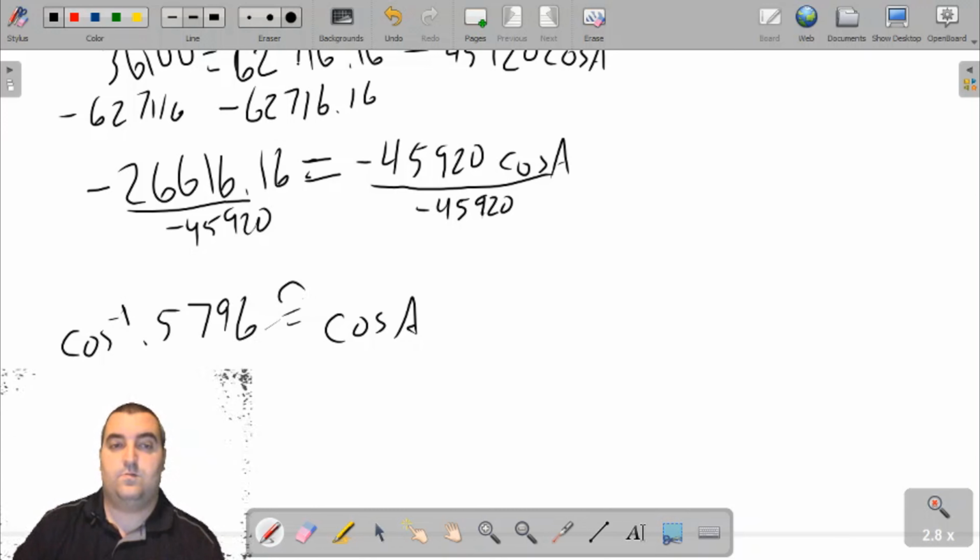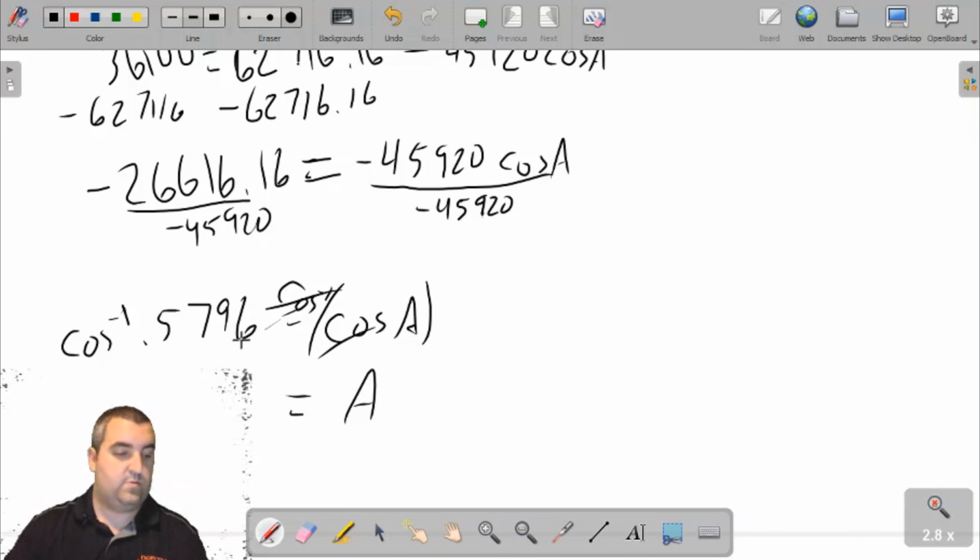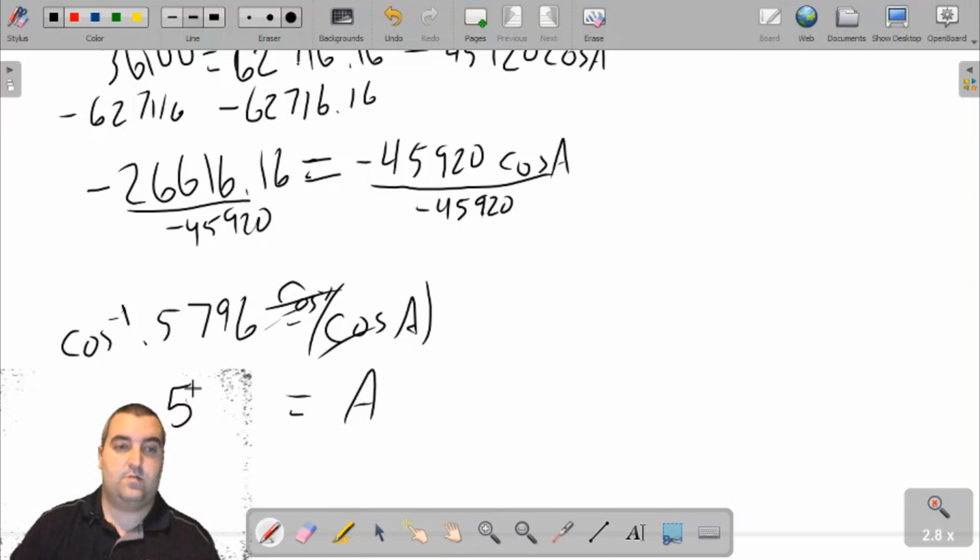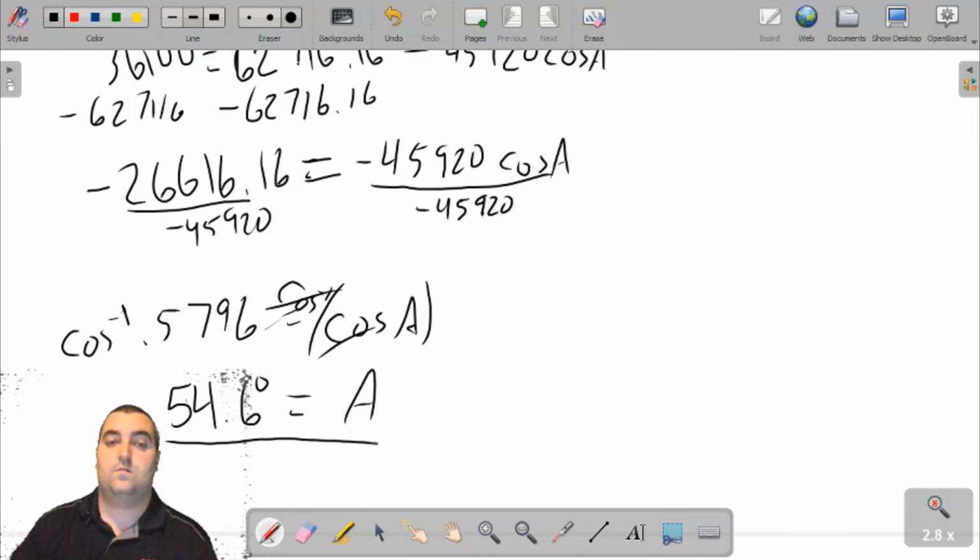Those cancel, we're left with A. Inverse cosine, going right to the calculator again, and I get that angle A is roughly 54.6 degrees.